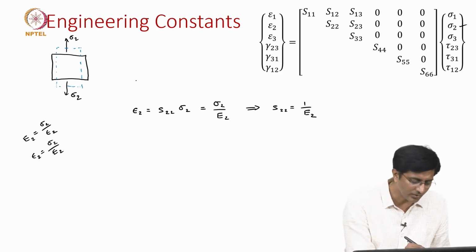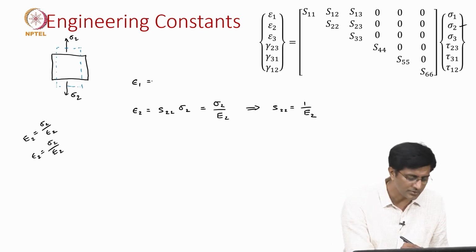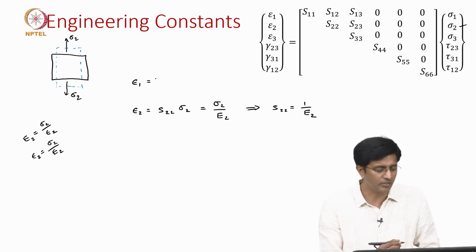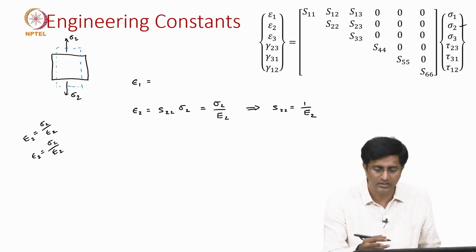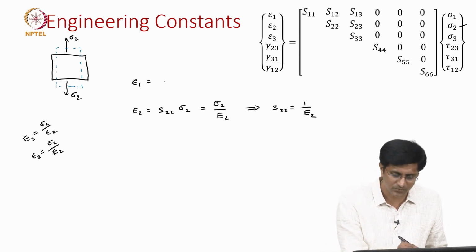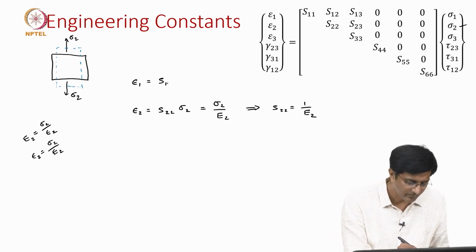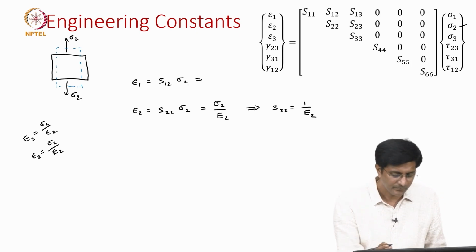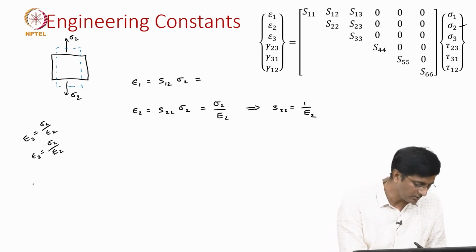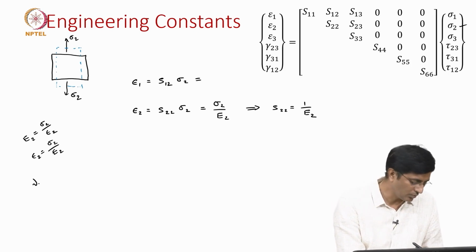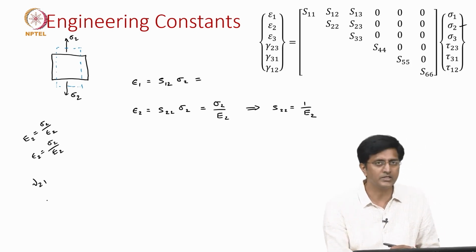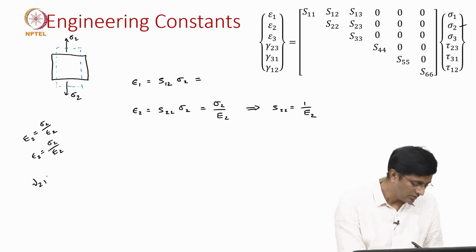Now let us look at epsilon 1, the strain in direction 1 because of the applied load sigma 2. How do we find that? Here we write it in terms of S12 times sigma 2. From the Poisson definition, we bring in nu 21, meaning the loading is in direction 2. This is minus epsilon 1 by epsilon 2.